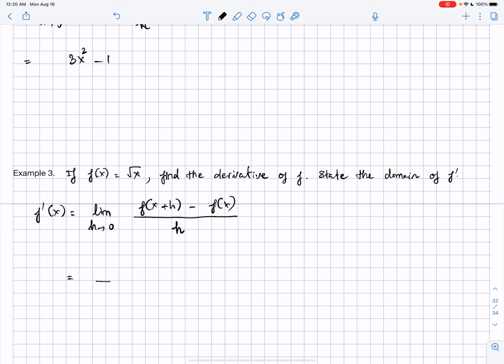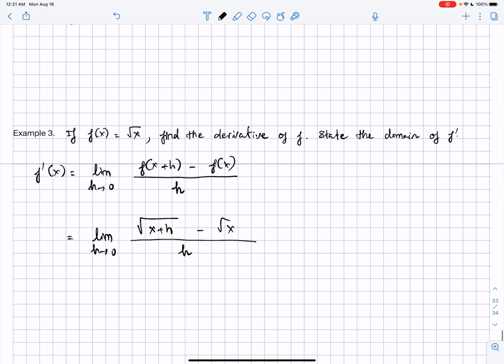Now let's plug in x plus h into the function, so we will get square root of x plus h minus square root of x, divided by h. We will rationalize the numerator, because if we plug in h right now, we will get undefined.